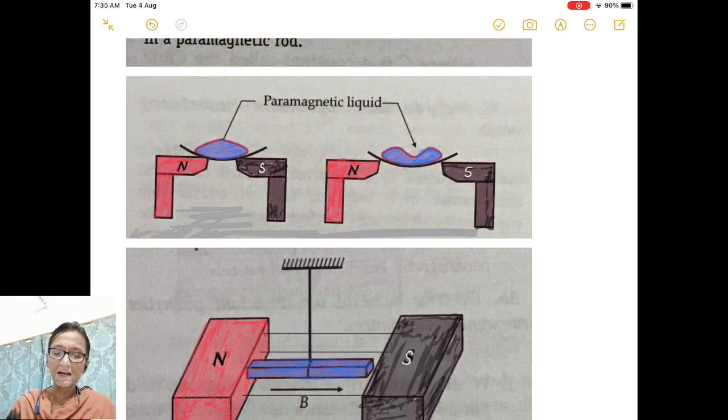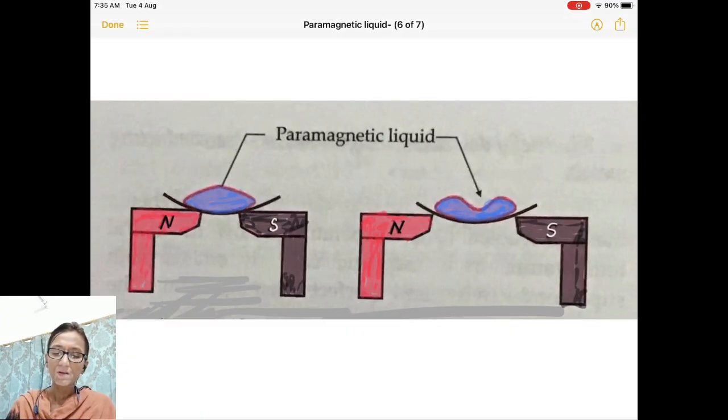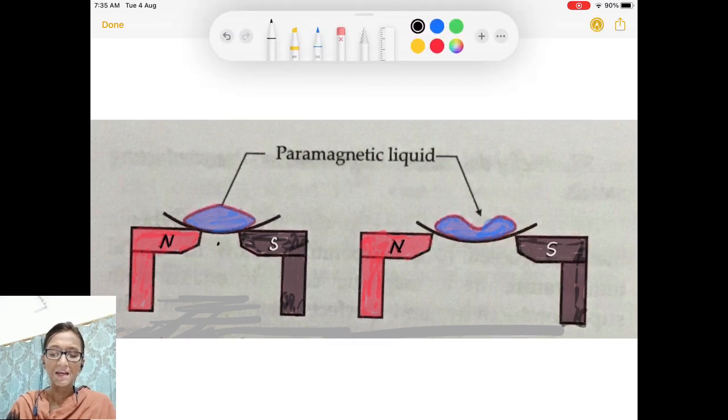Also in the second diagram, the paramagnetic liquid is attracted near the strong magnetic field position. Here the magnetic field is strongest between the North Pole and South Pole, as they are very close to each other. When you displace the poles, you have minimum magnetic field.